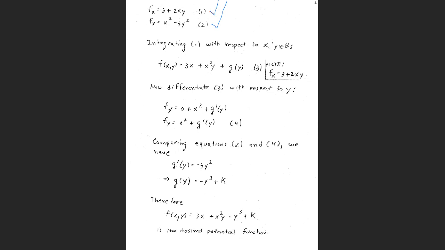What I can do is differentiate equation 3 with respect to y. And if I do, I'm going to get the partial derivative of f with respect to y equals x squared plus g prime of y.